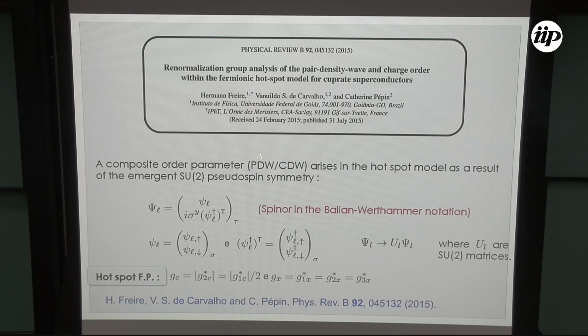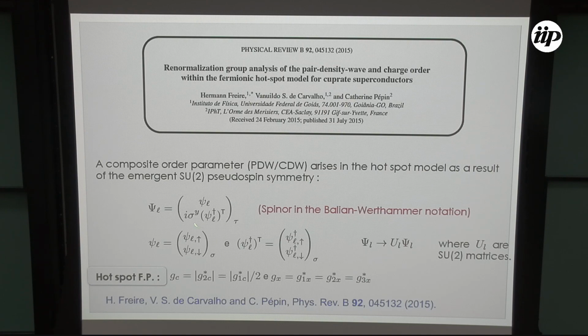So we get a composite order parameter given by PDW/CDW in the system. And this is modulated, so this is bidirectional PDW, CDW. And this is modulated by these axial wave vectors which connect the hotspots in the system.